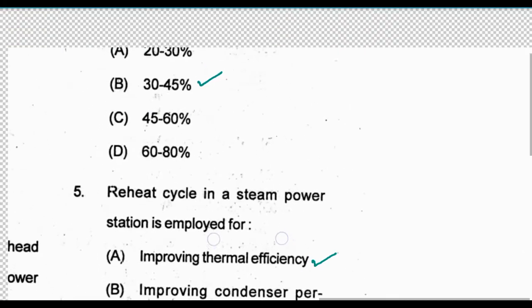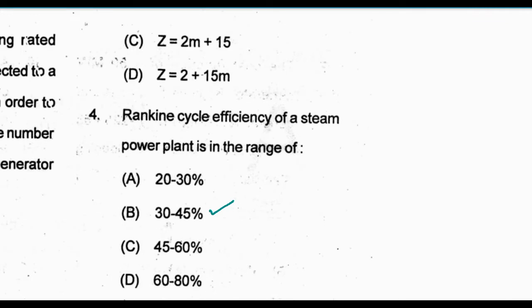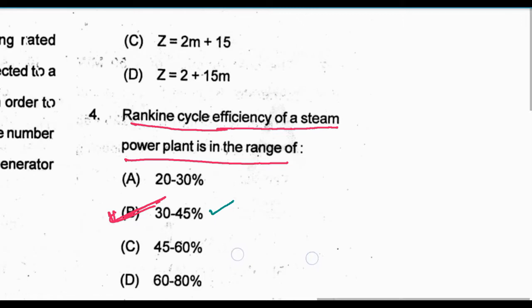Next, question number 4: Rankine cycle efficiency of a steam power plant is in the range of. So Rankine cycle has efficiency around 30 to 45%, and this is associated with thermal power plant.